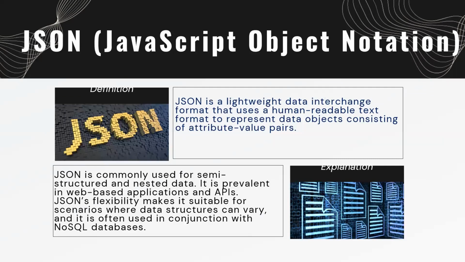JSON's flexibility makes it suitable for scenarios where data structures can vary, and it is often used in conjunction with NoSQL databases. This is another format mainly used for web-based applications, and it's mainly important in transferring data sets from one format to the other.